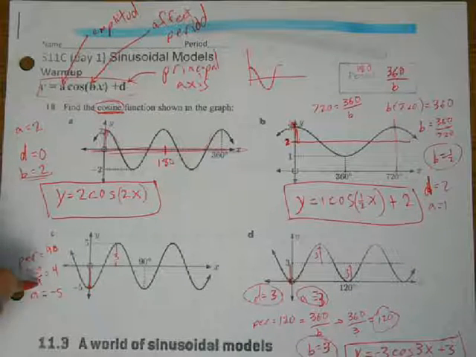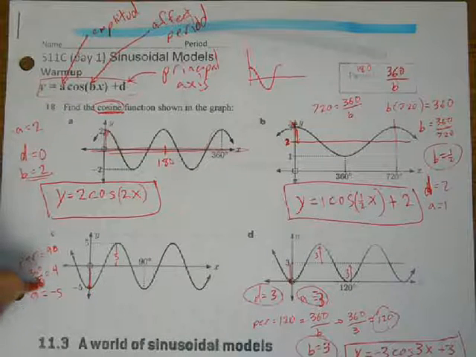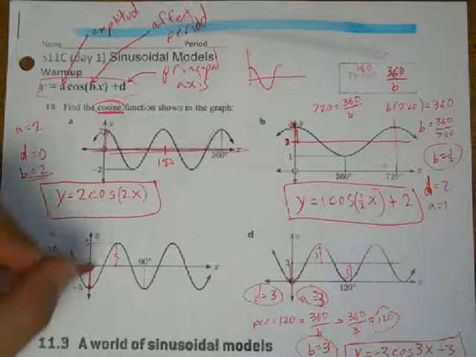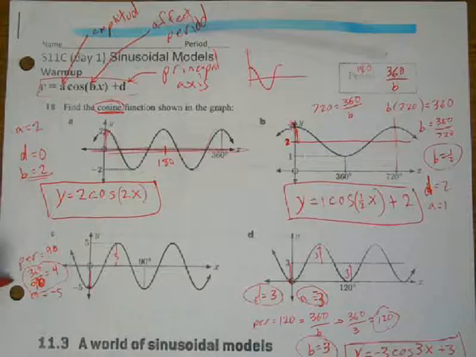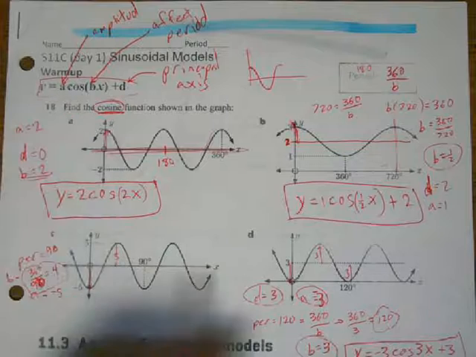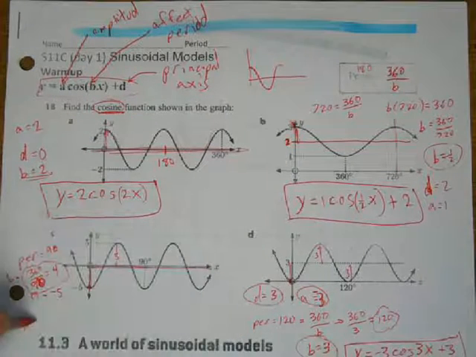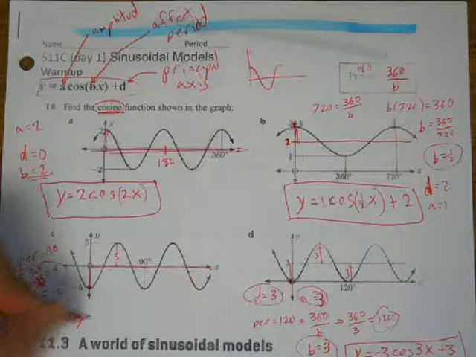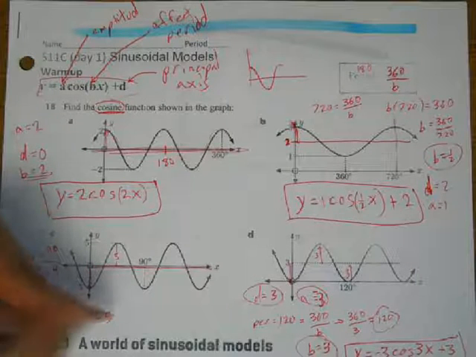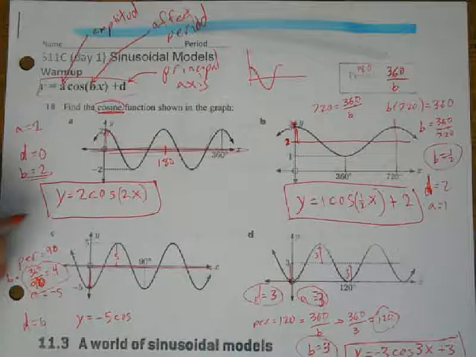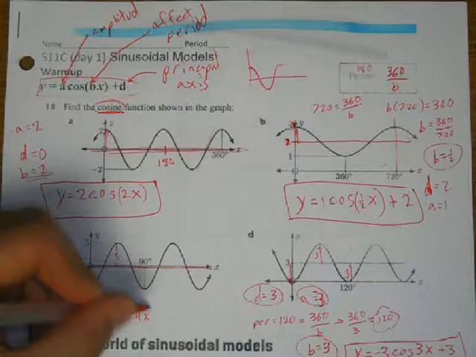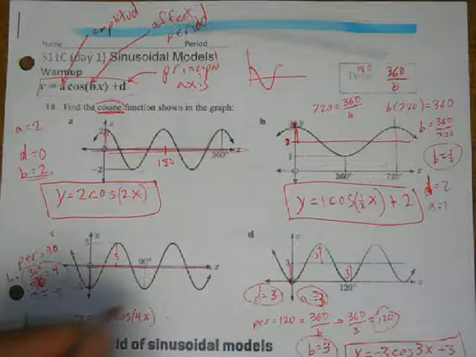So my B value is equal to 4. And the principal axis is right here at 0, so D equals 0. So my equation is y equals -5 cosine 4x and then plus 0. I don't need to write plus 0.